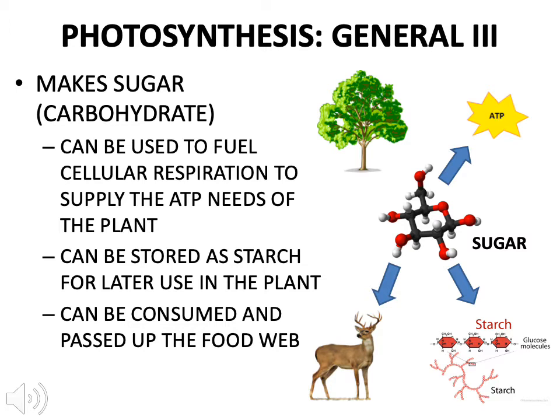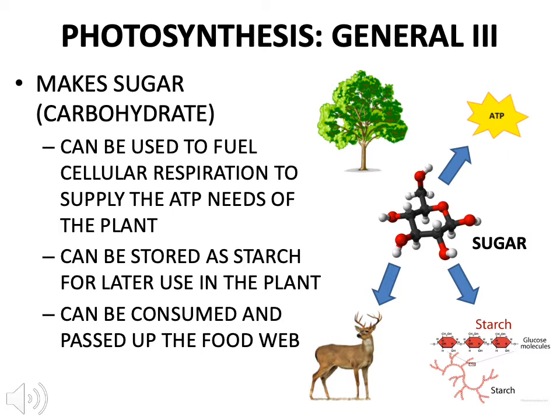We see that photosynthesis makes a sugar molecule. I've got the illustration of the obligatory glucose molecule smack dab in the middle of this illustration. I see that sugar molecule can be used as a source of energy for manufacturing ATP, which we know is cellular fuel. And it's the ATP that will be used to fuel the life of the plant, fuel the growth of the plant, fuel the reproduction of the plant.